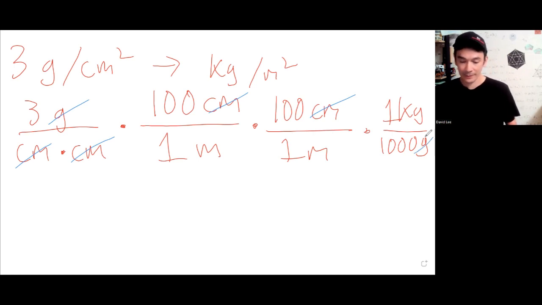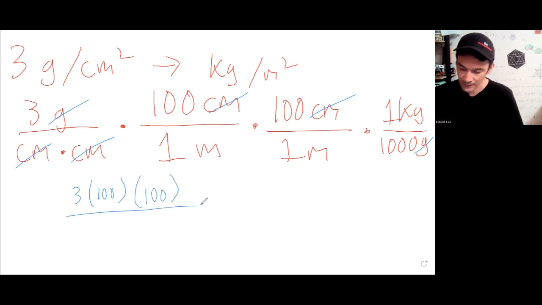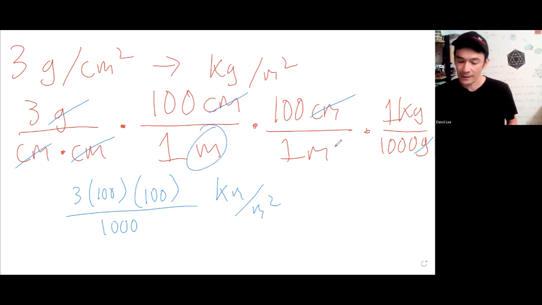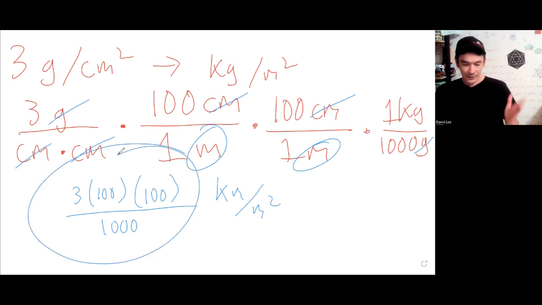So we're left with 3 times 100 times 100 times 1, which I don't have to write down, over 1,000. And the units would be kilograms per square meter, right? Because it's meter and meter, that's square meter, which is what you want anyway. So that's perfect. Now turn this into a decimal on your calculator, whatever number that is, just some number on a calculator. And those are the units, kilograms per square meter, okay?